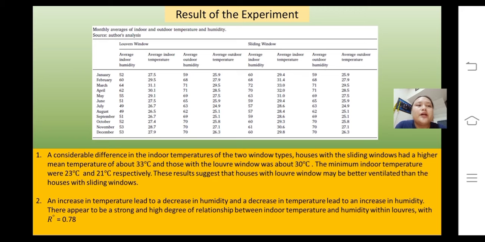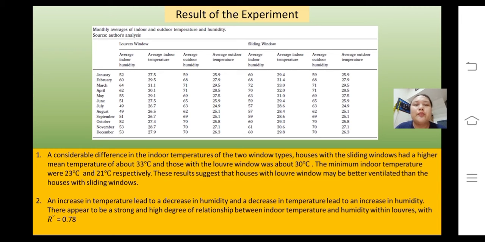The minimum indoor temperatures were 23 degrees Celsius and 21 degrees Celsius respectively. This result suggests that houses with louvre window may be better ventilated than the houses with sliding windows.